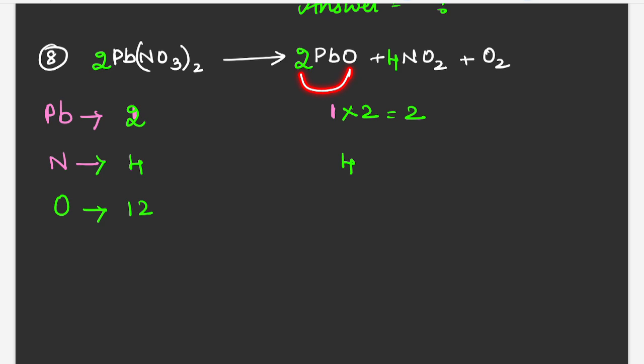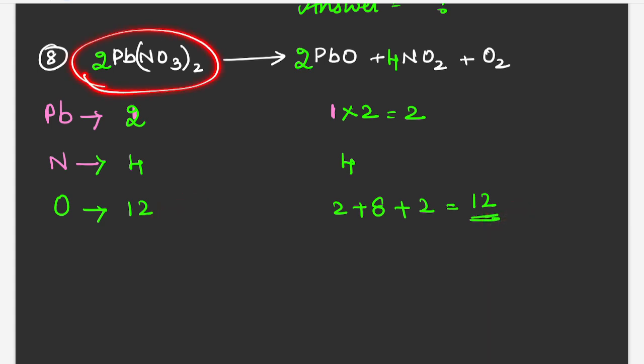Here I have 2, plus 4 2s are 8, 8 plus again here 2 oxygen. So 2 plus 8 is 10, 10 plus 2 is 12. So is this balanced? 12 and 12. So all the atoms are balanced. So this is the balanced chemical equation.